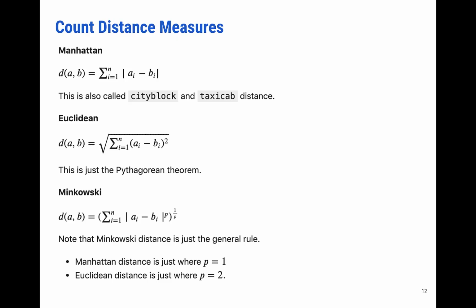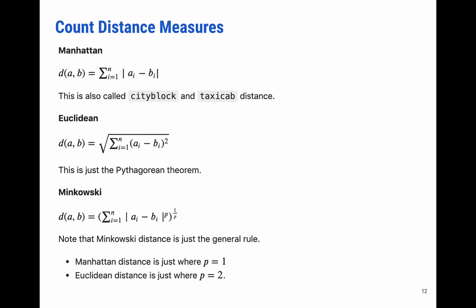As you can see, both of the preceding Manhattan and Euclidean are just special cases of a more general rule specified by what is called Minkowski distance. In Minkowski distance, the distance between two vectors is where you take the absolute value of the difference between the element pairs and you raise it to a power, and you sum all those, and then you get the power root of that summation.